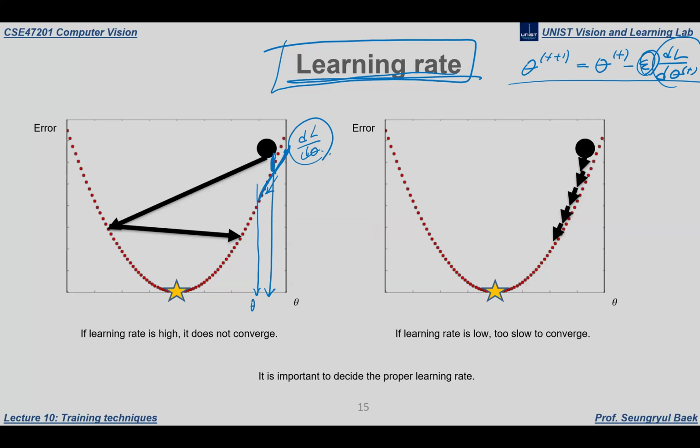But if that value becomes larger, let's assume this big epsilon was used to update your parameter at this time, then the parameter vector will be located here, right? Are you guys understanding this?